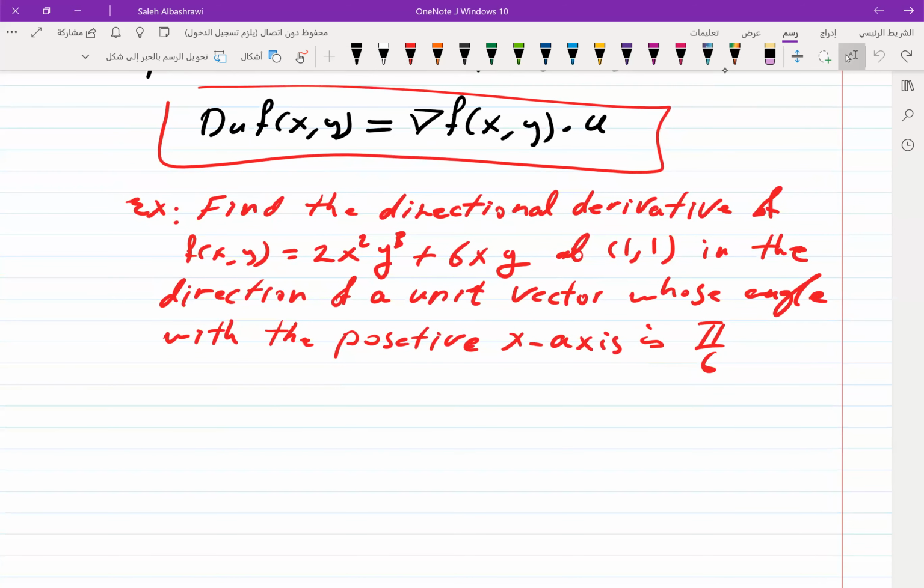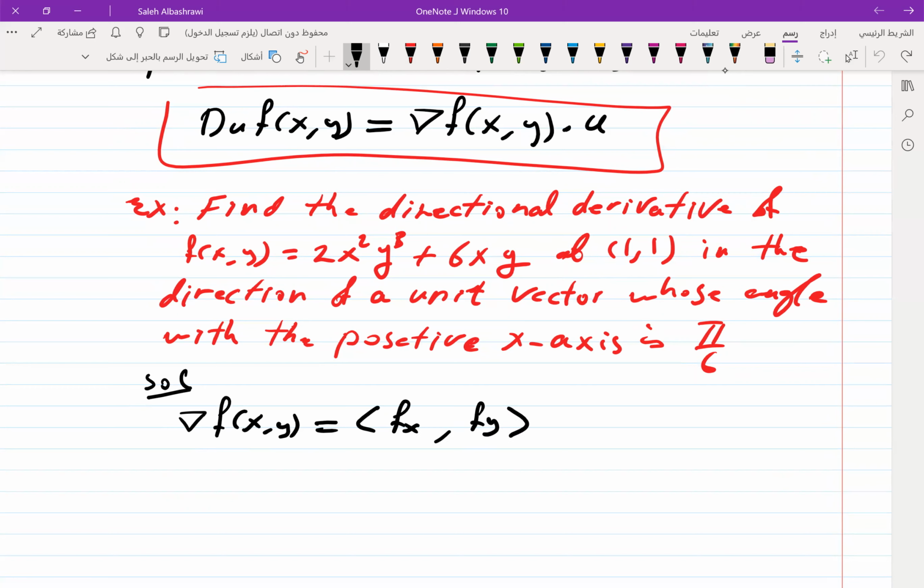So what we need to do now is find the gradient first. The gradient is f sub x, f sub y, the partial derivatives. f sub x is equal to 4xy to the power 3 plus 6y.